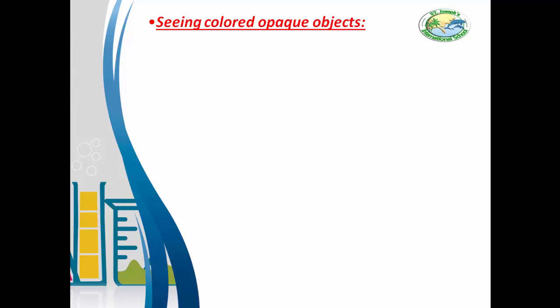So how can we see the color of a colored opaque object? The opaque object can be divided into white object, black object, or colored object. The opaque object may be white. What happens if we have a white opaque object?